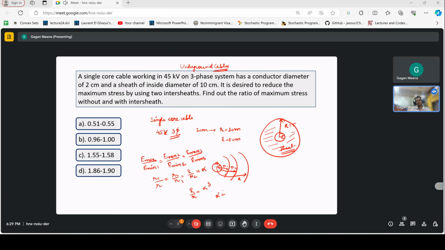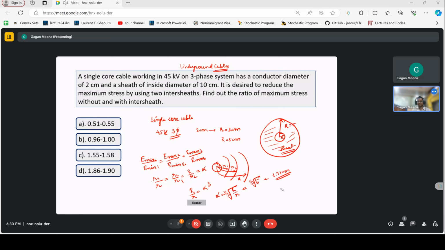So R by r is equals to alpha cube, and alpha is 1.71 centimeters.